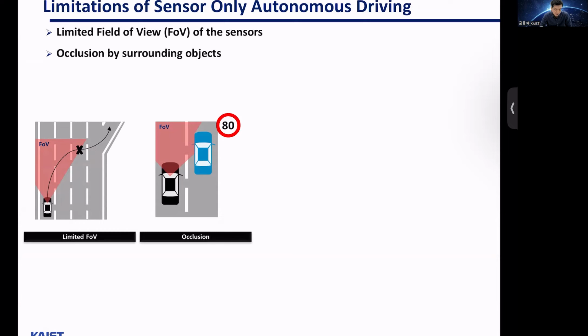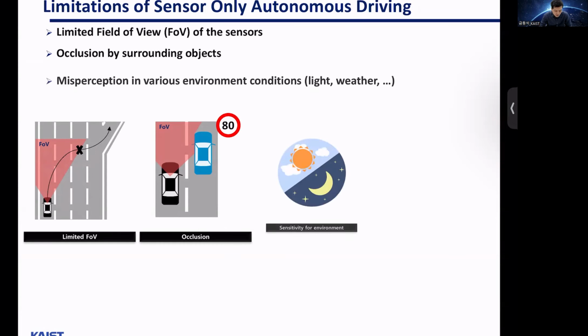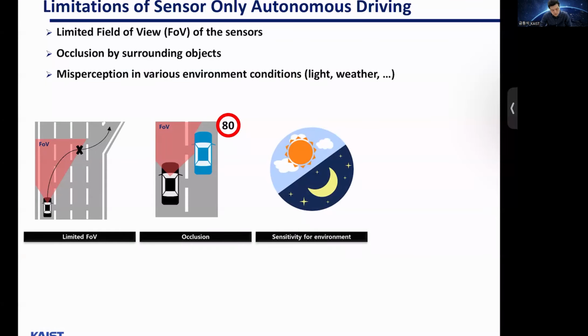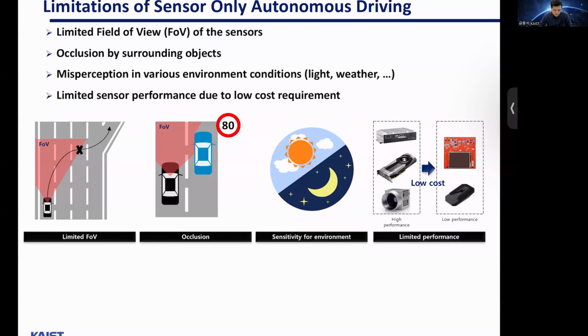So you may not be able to see all the information that you need for driving. And sometimes there is misperception in various environment conditions. And of course, this comes from using low-cost sensors.